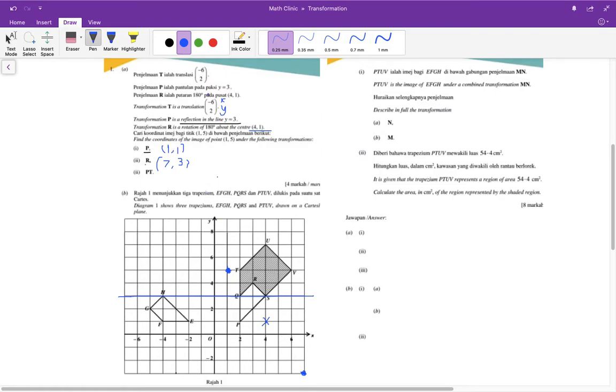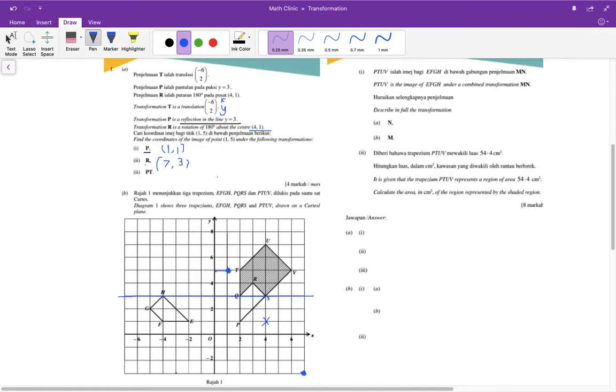Okay, so -6 translation. So x-axis and y-axis. -6 is the x-axis. So the points start from this 1, 5. Okay, yeah, it's 1, 5 over here. So you go -6. That means you move left 6 blocks. Move to the left side.